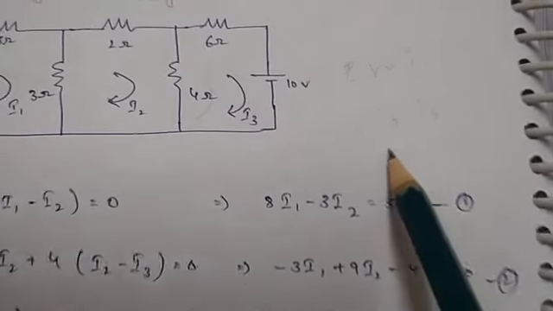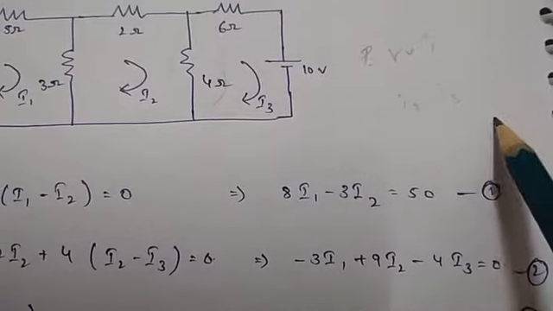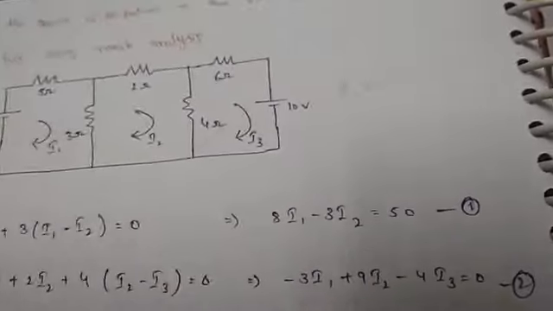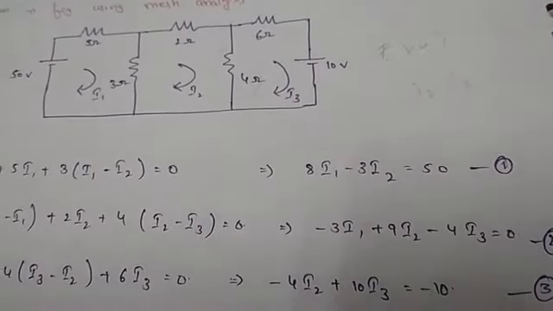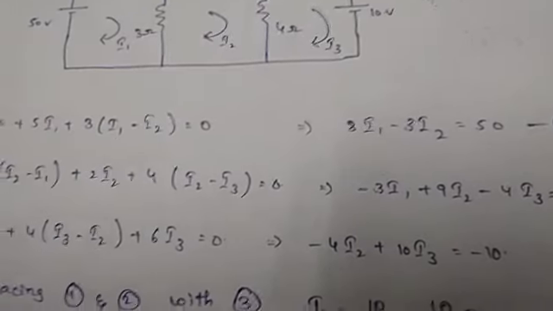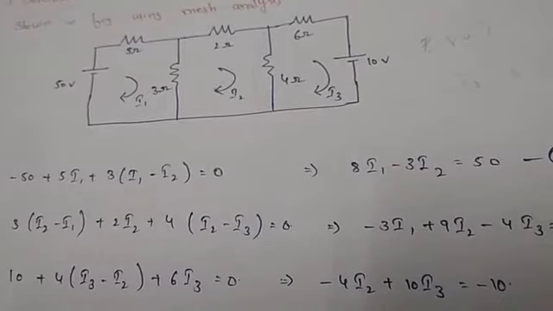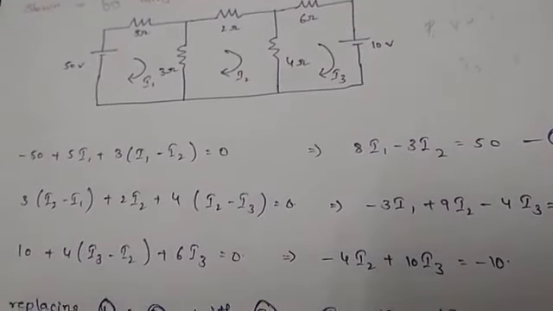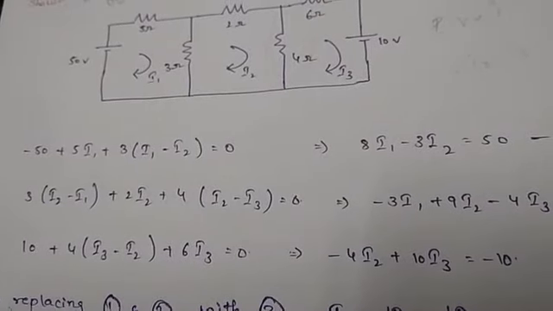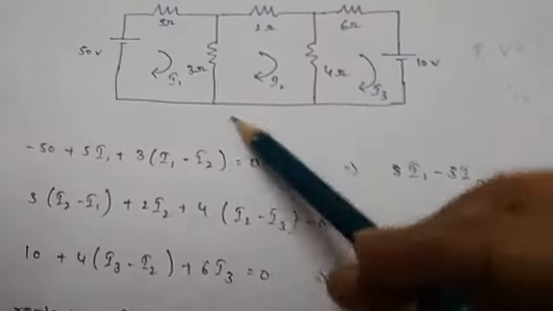So to find this, we need to find what are the I2 and I3 currents. For ease of convenience, we are assuming the current directions in clockwise direction, and we are writing the loop equations. As this is a DC voltage, simply we are applying KVL.